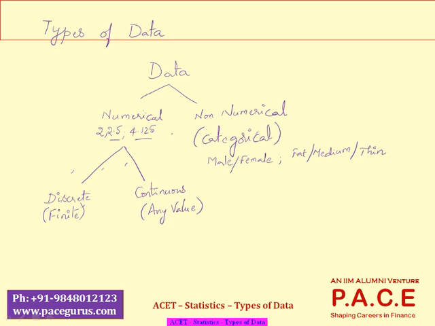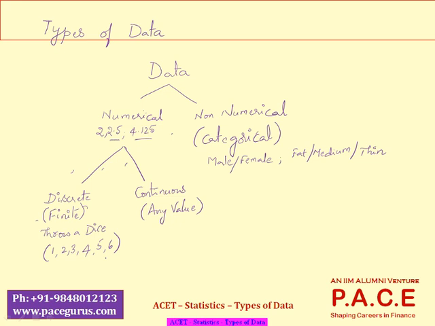Let's take a few examples of what is discrete data. For example, I throw a dice. I know that the possibilities or the values that can come up are 1, 2, 3, 4, 5 and 6. I cannot get a 5.5.